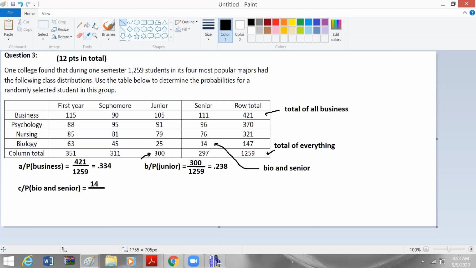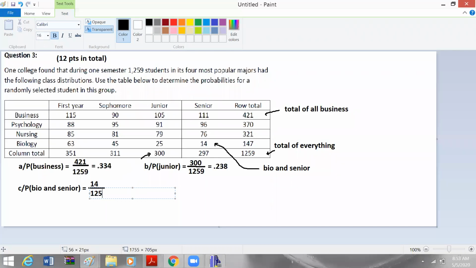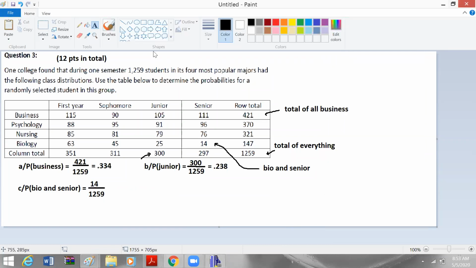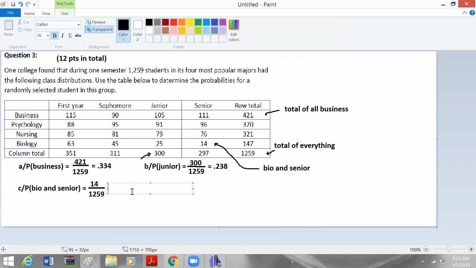Usually you just leave the answer like that, but on the final exam, because the software doesn't understand what we are trying to do in this part, we're going to take 14 over 1259, and we're going to get the answer, which is 0.011. Okay, so that will be the final answer. So this is 0.011.